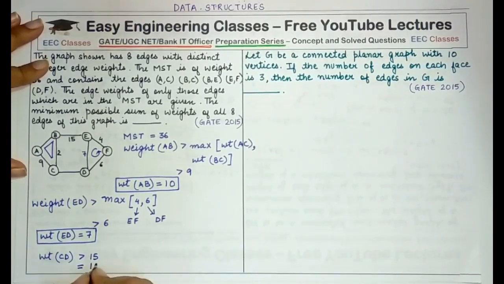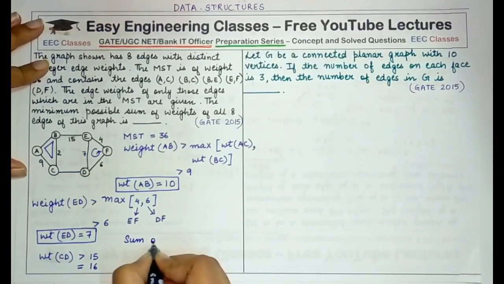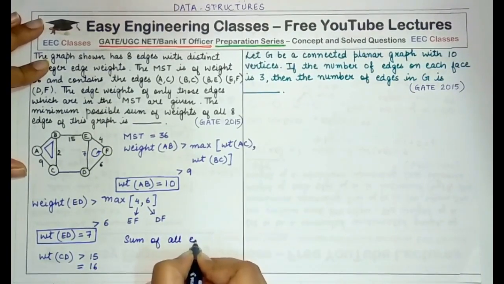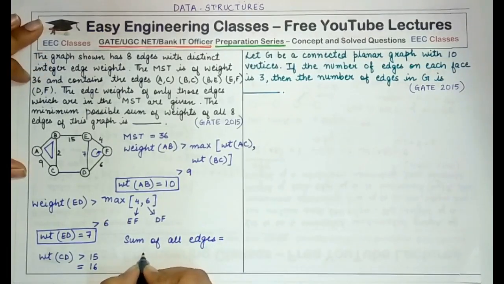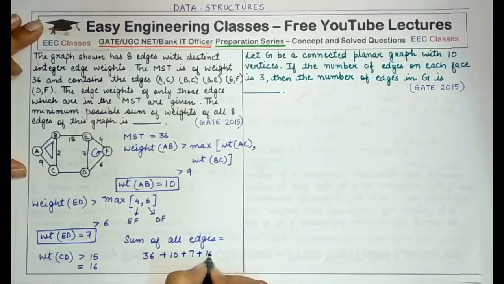Alright, so the sum of all the edges would be the sum of the edges that are present in the minimum spanning tree, that counts, or the sum is equal to 36 plus 10 plus 7 plus 16.